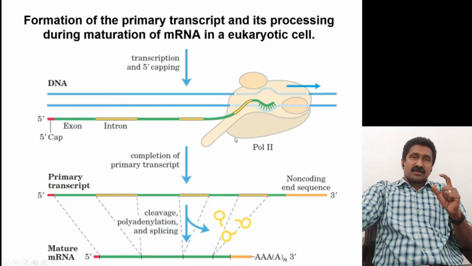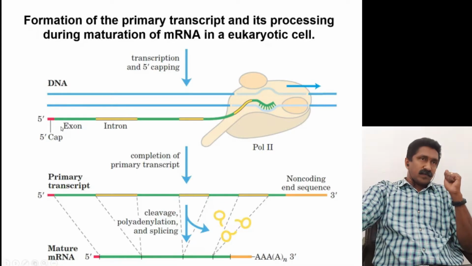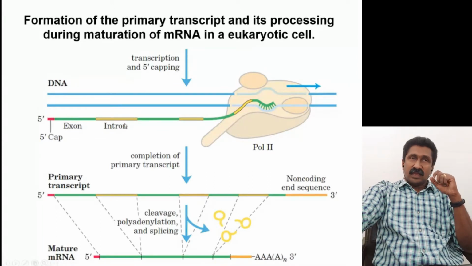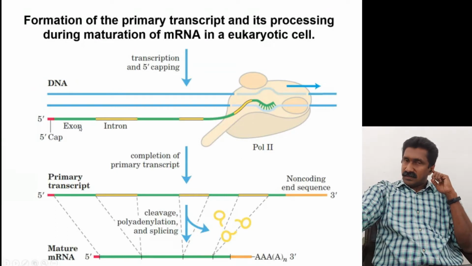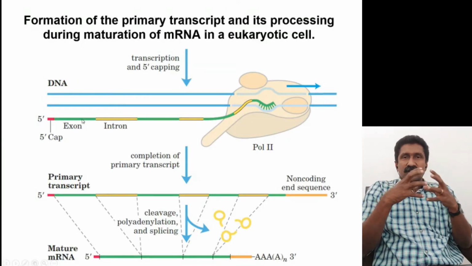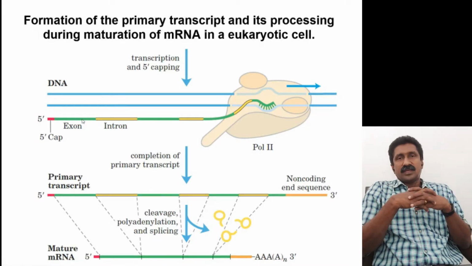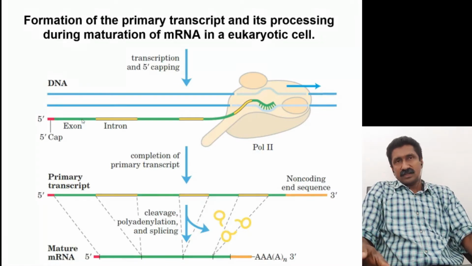And in that primary transcript that is produced, we have some regions like exon regions and intron regions, and there will be multiple intron and exon regions in the primary transcript. So these exon units are the functional part of the RNA.